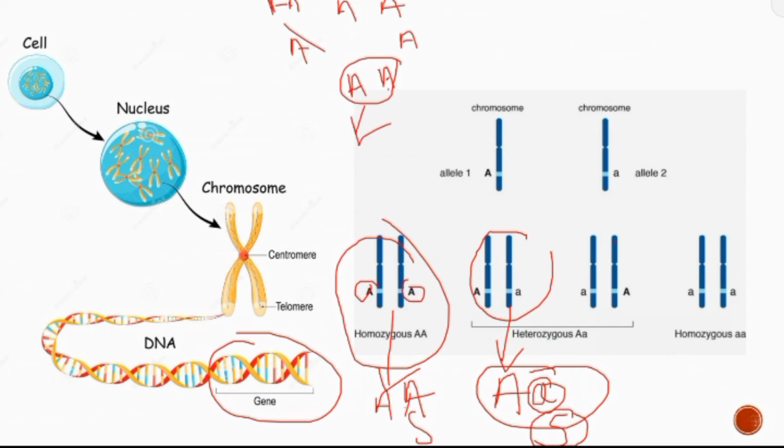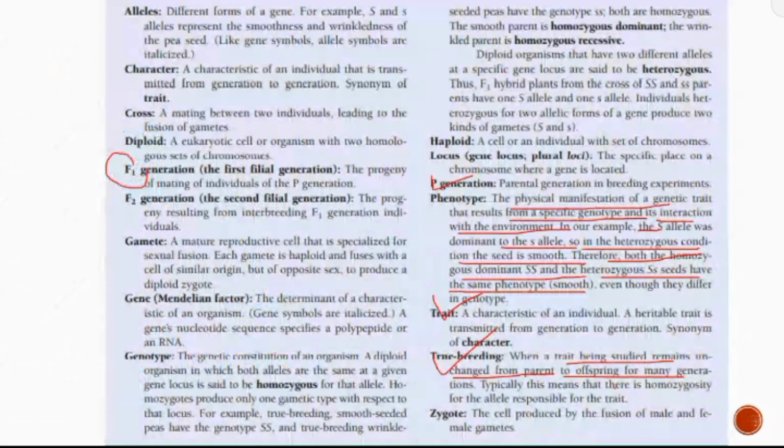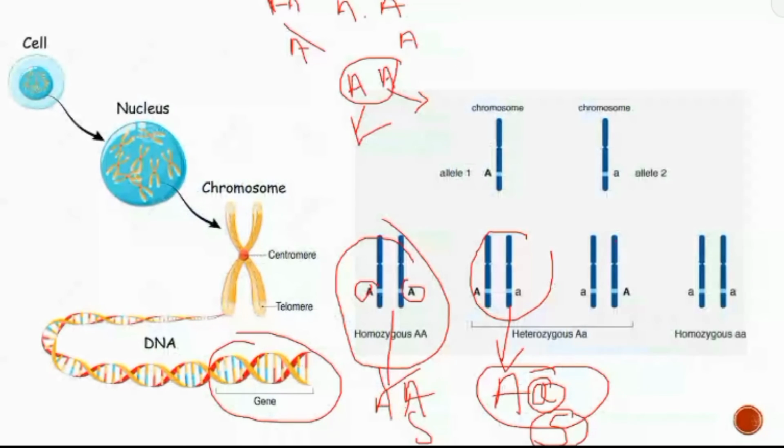So this will keep on repeating. Such a parental generation will be called true breeding, meaning they are homozygous for both the alleles.